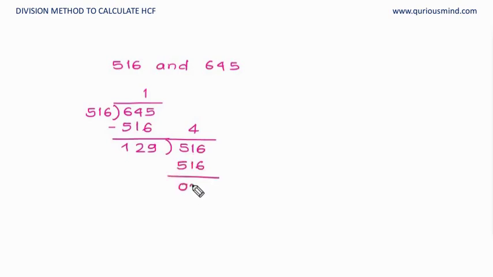And so now we are getting remainder as 0. And when we get remainder as 0, in that division, what was the divisor? 129. And hence HCF in this case is 129.